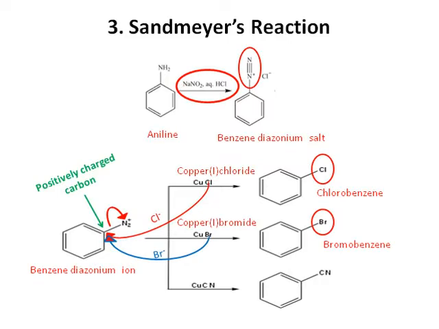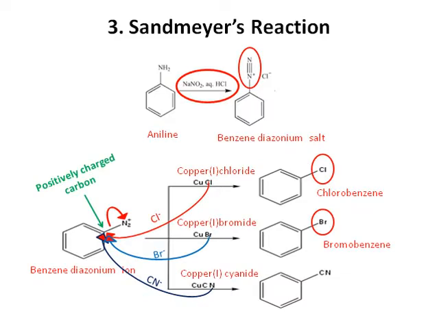I am discussing alkyl halides and haloarenes, but here I have put another example. This is not in your syllabus, but still it is an example of Sandmeyer's reaction. So you see this is copper 1 cyanide. It will provide cyanide nucleophile. So it will again attack the positively charged carbon atom, because there is an attraction between positive and negative.